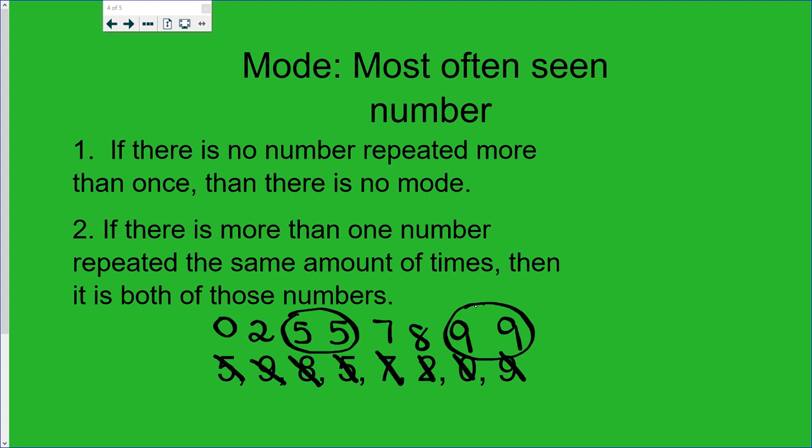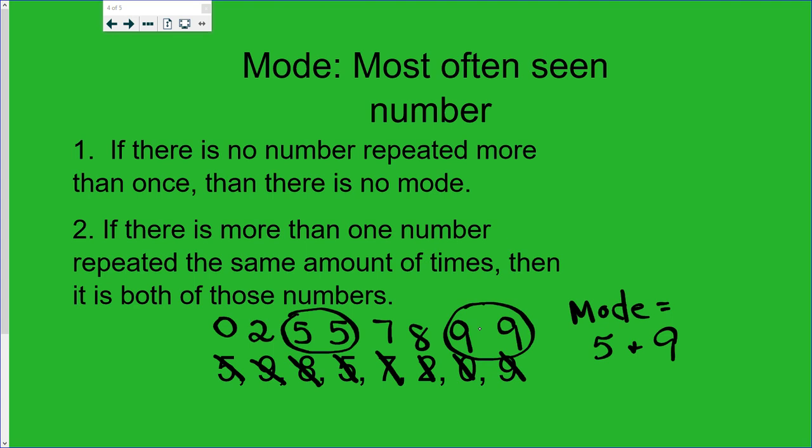But because I have 2 5s and 2 9s, my mode is 5 and 9. There are 2 of each with the same amount, so there's my mode, 5 and 9. If you have all single numbers, like 0, 2, 5, 7, 8, 9, with no repeating numbers, then we would say there's no mode.